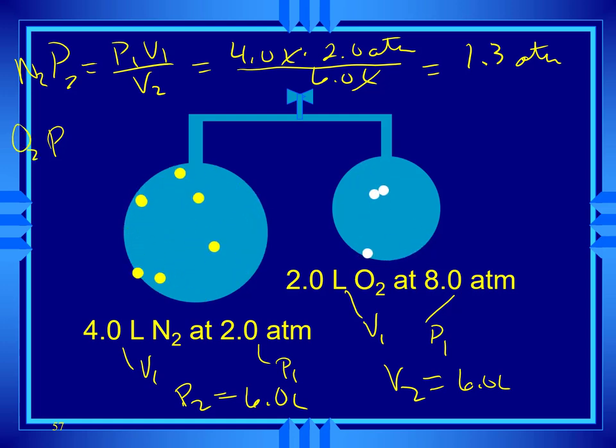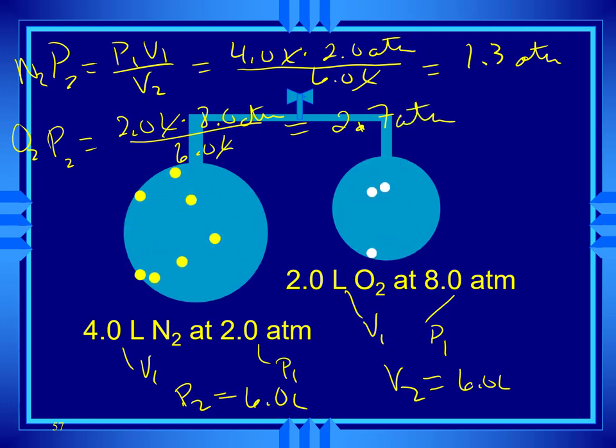For O2, it's P2 equals the same equation, 2.0 liters times 8.0 atmospheres divided by 6.0 liters. That's 16 divided by 6. That's 2 2/3. That is 2.7 with 2 sig figs. And the units are atmospheres.